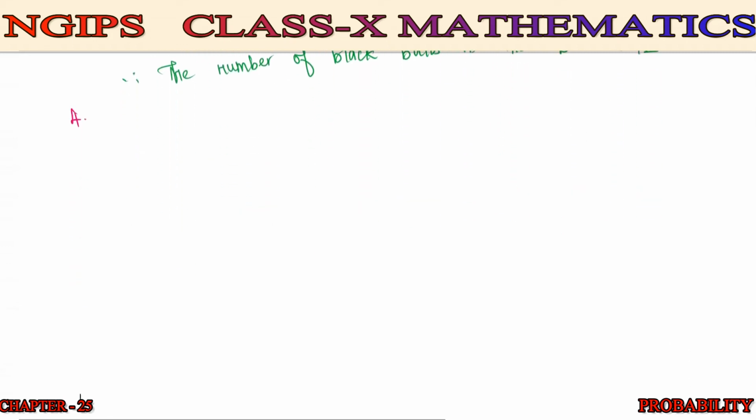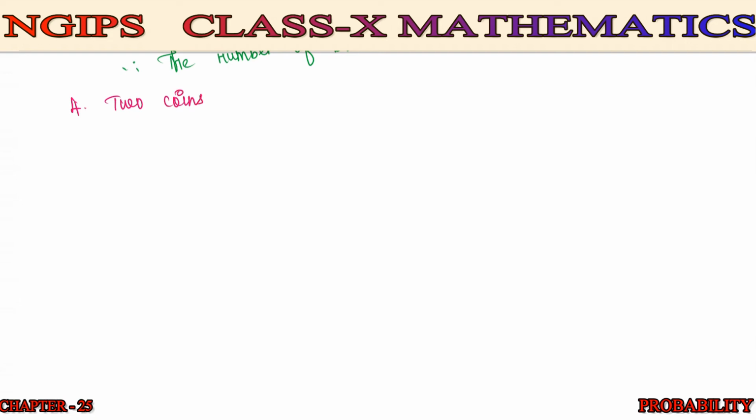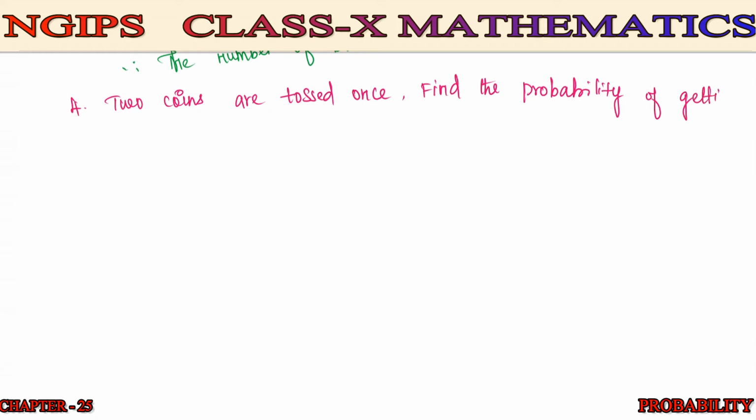So here we have the fourth question. Two coins are tossed once. Find the probability of getting two heads.